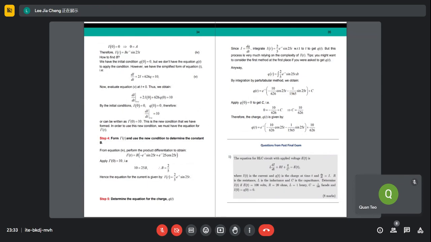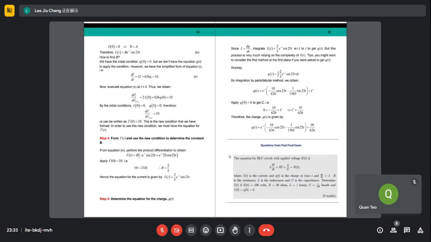Anyway, q(t) equals the integral of 2/5 e to the power of negative t sin 25t dt. By using integration by parts or the tabular method, we obtain q(t) equals e to the power of negative t, in brackets, negative 10/626 cos 25t minus 1/1565 sin 25t, plus c.